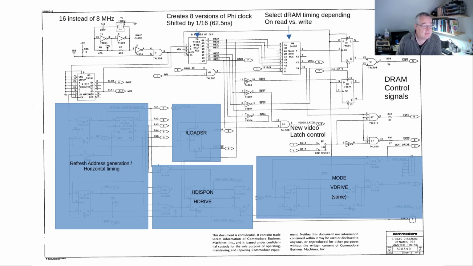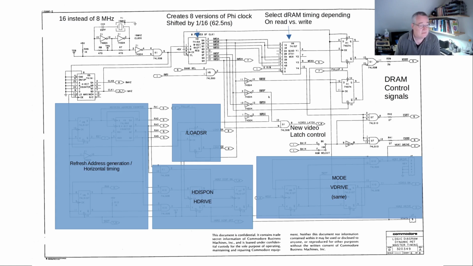We have a 16 megahertz oscillator, 16 megahertz base clock, and we create 8 versions of the Phi clock, which are delayed by 1/16 of the actual clock, and then we can use logic to generate any signal we actually like, and we'll see that later.